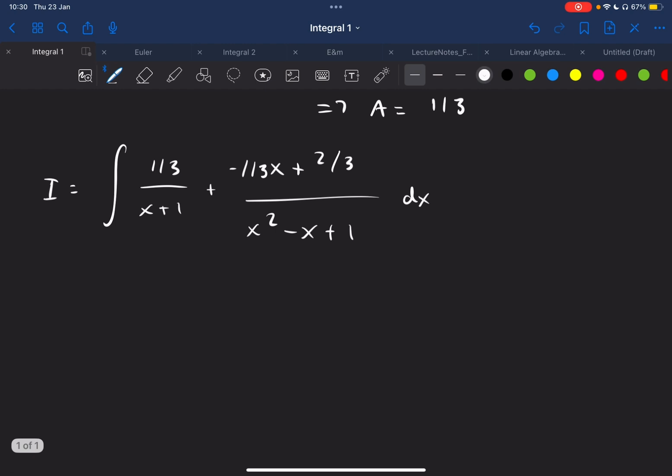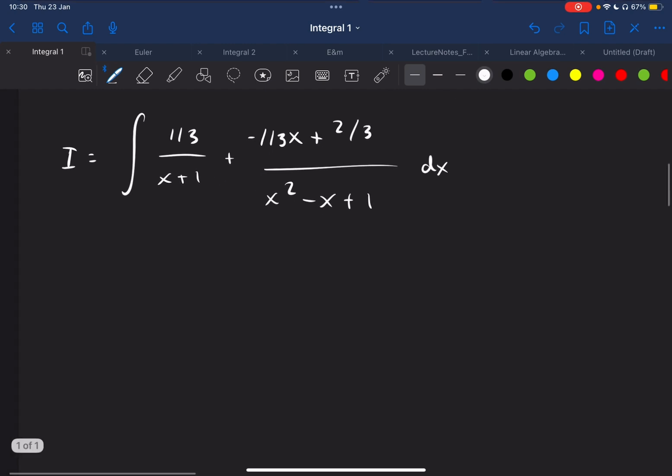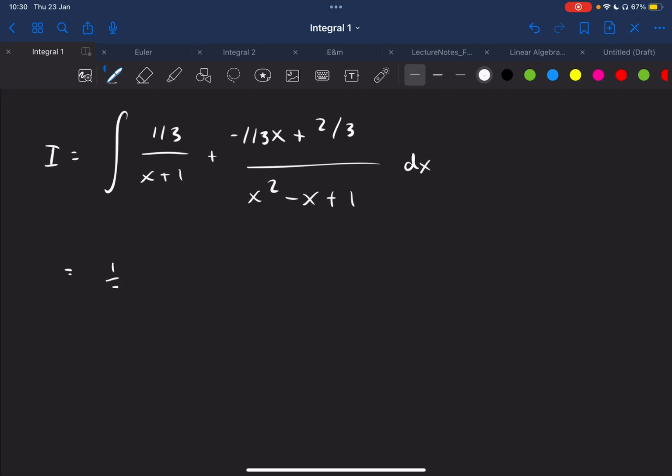Now we can factorize out a third outside the integral sign and say we have 1/3 integral of 1 over x plus 1, and we're going to bring that minus sign down just to tidy it up a bit. So we've got x minus 2 over x squared minus x plus 1 dx.